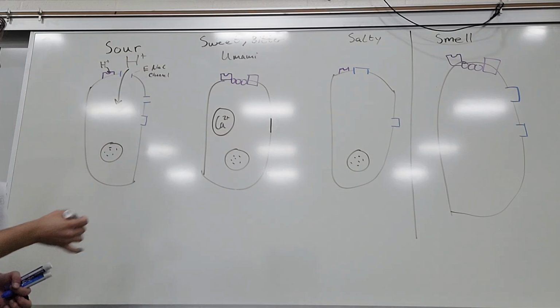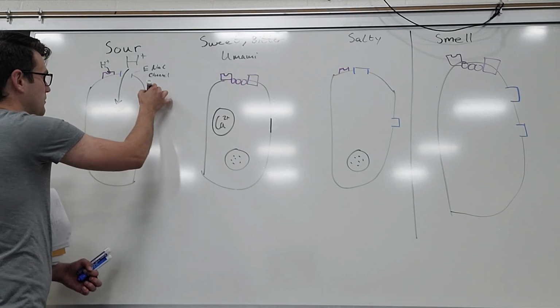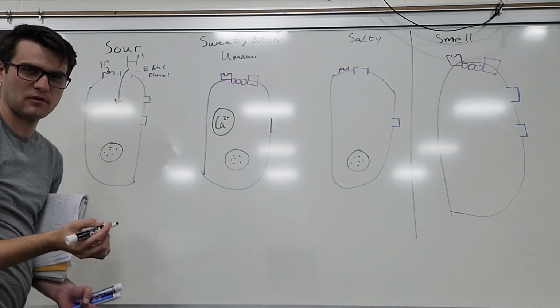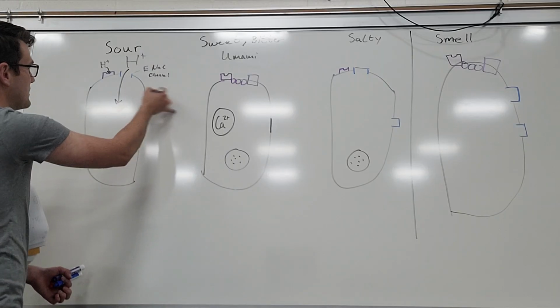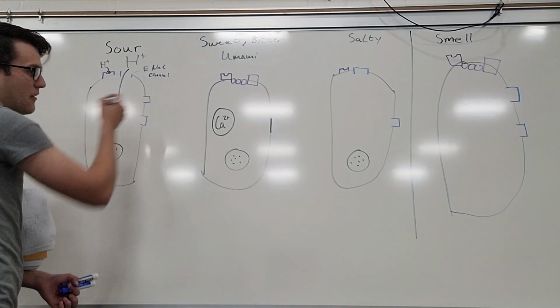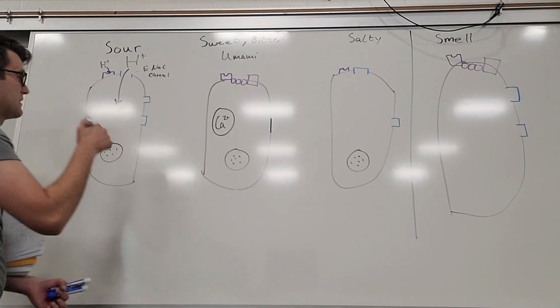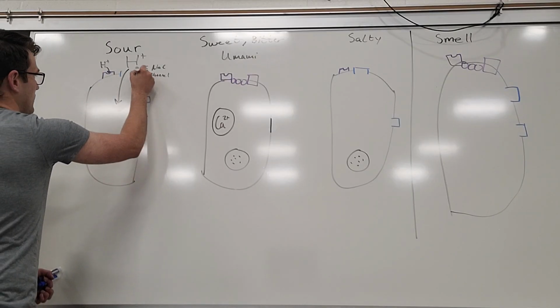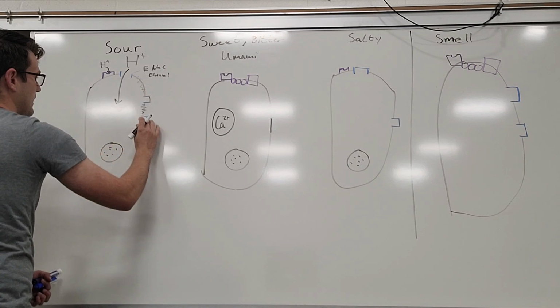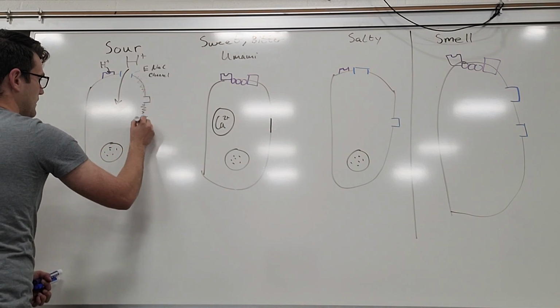Then those hydrogen ions close up this potassium channel. You don't have to worry too much about that. Just know potassium isn't going to be able to get out as much, which results in quicker depolarization.